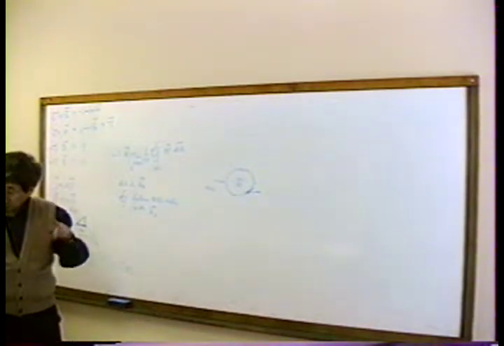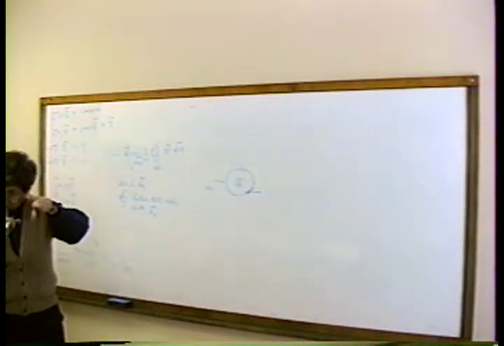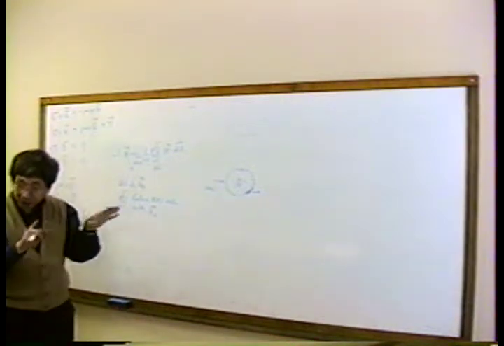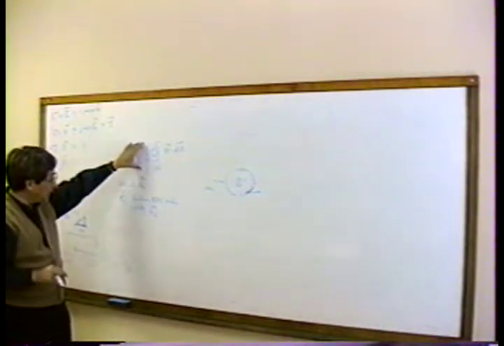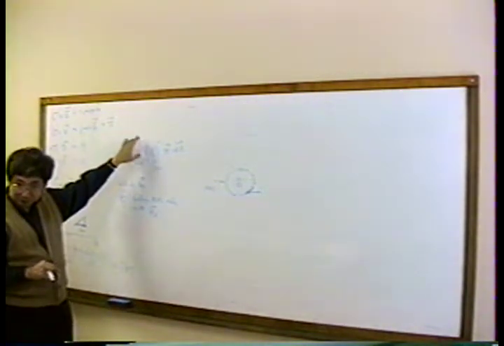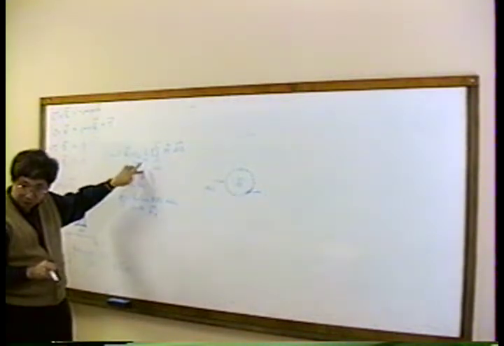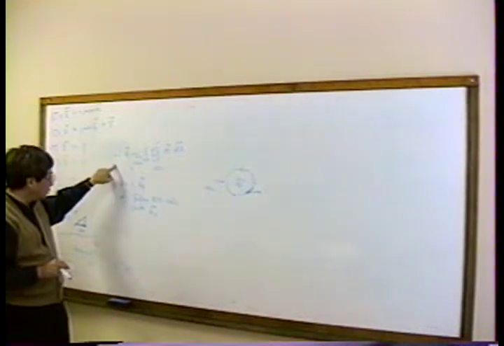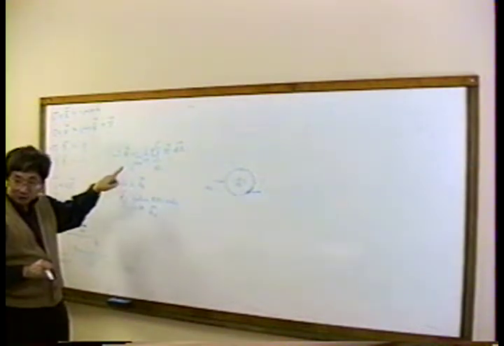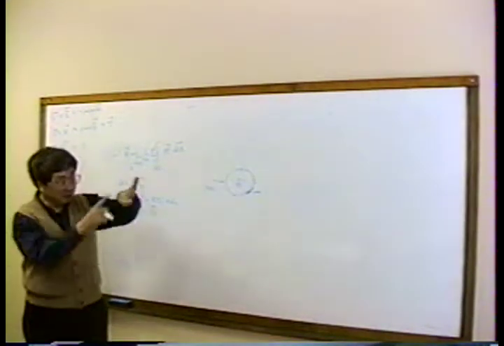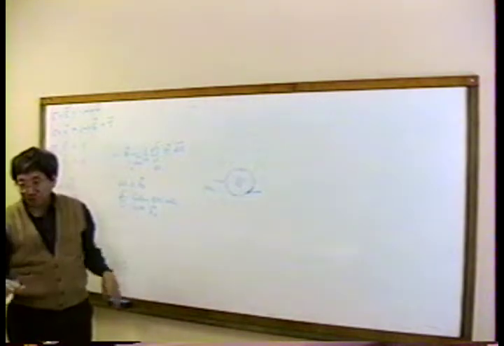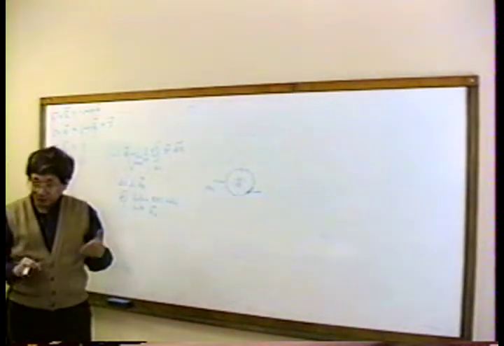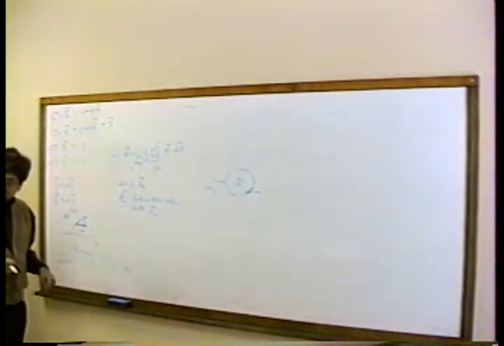That limit value of the ratio is equal to the x component of the curl of H at that point, when the loop shrinks to zero. So that's curl.